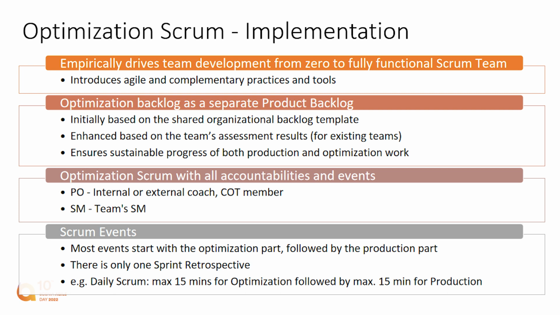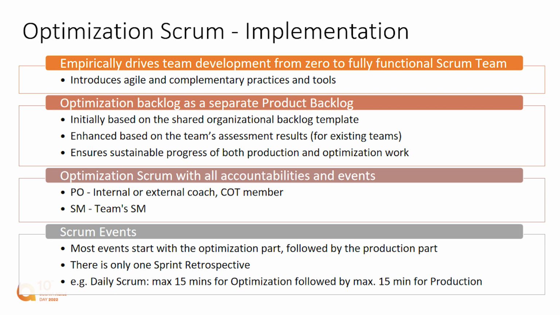Okay, accountabilities. In the optimization Scrum, the product owner could be an internal or external coach, or could be some member of the COT. Scrum Master is the Scrum Master of that team, and the rest are the developers. As far as the events, Scrum events for the optimization, for both Scrums as it turns out, most of the events will simply have two parts.